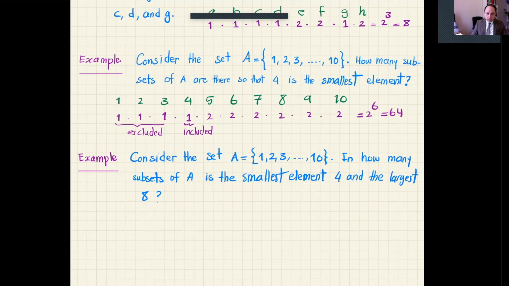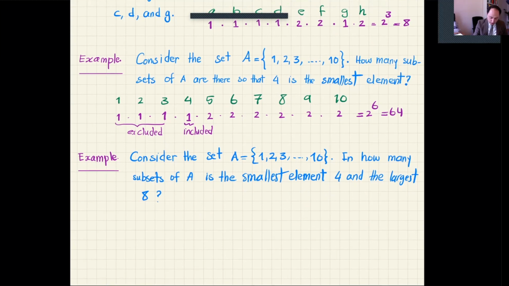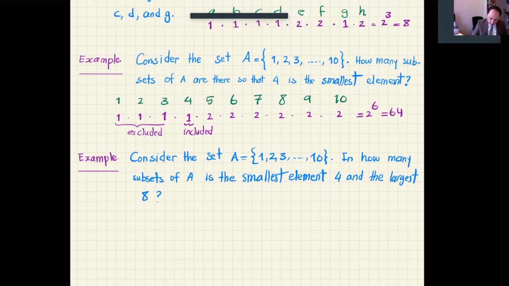Consider the set A, the same set. In how many subsets of A is the smallest element 4 and the largest 8? Yes? So this becomes again clear, yes? So I have to decide about the situation of these elements.